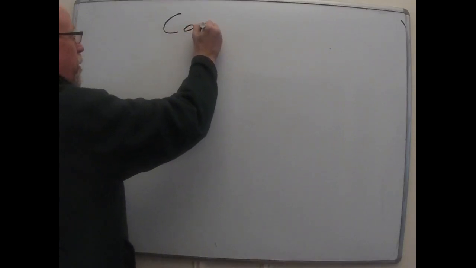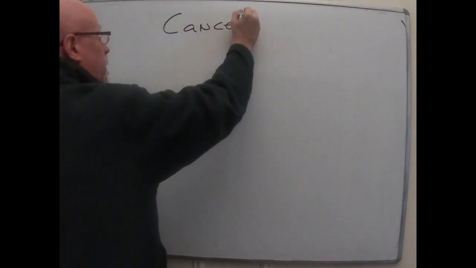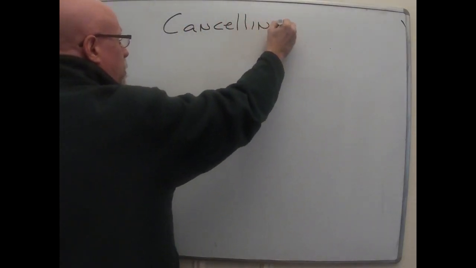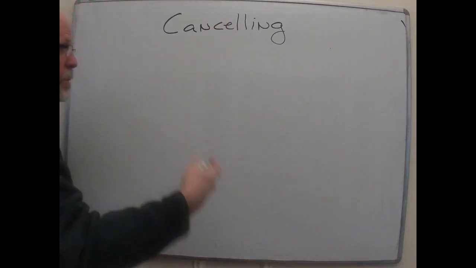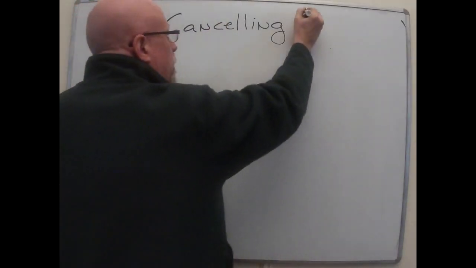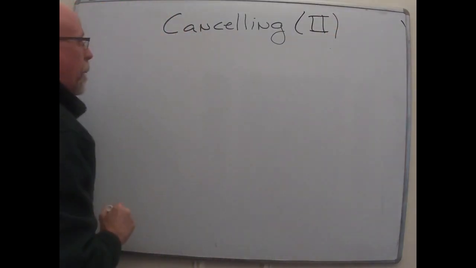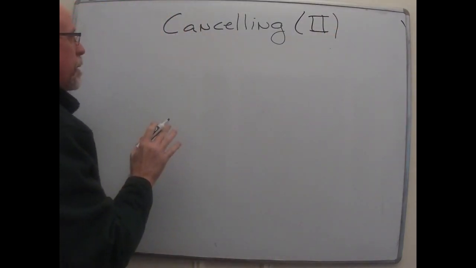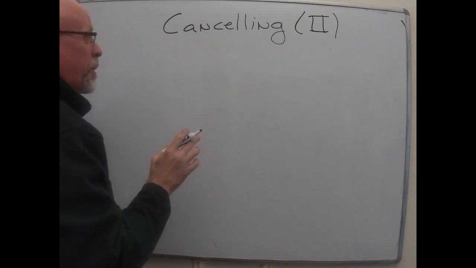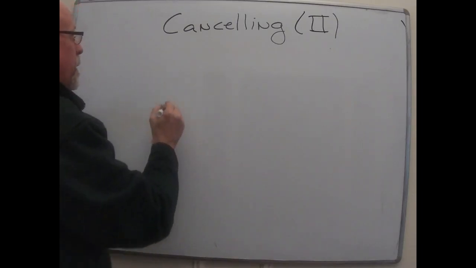The other canceling idea, actually I'm going to think of it as a multiplying by something idea, but you do in fact use it to make the problem simpler, smaller. So this is canceling type 2. It has a very similar feel to it, except with one distinction.